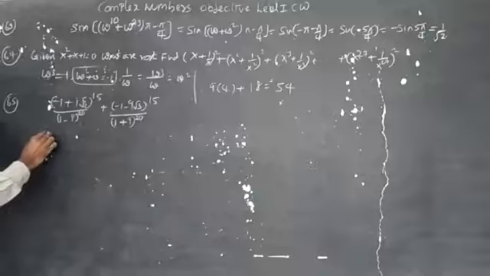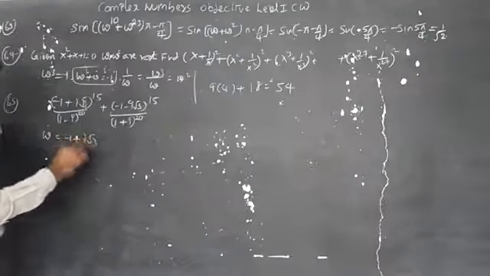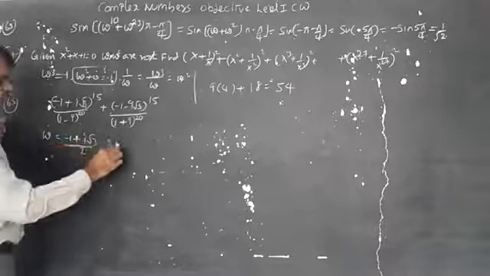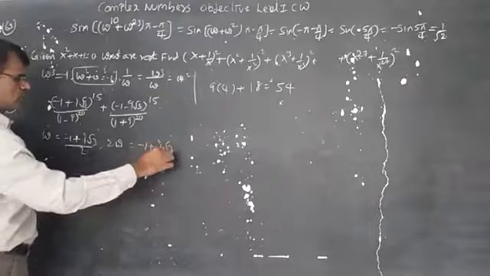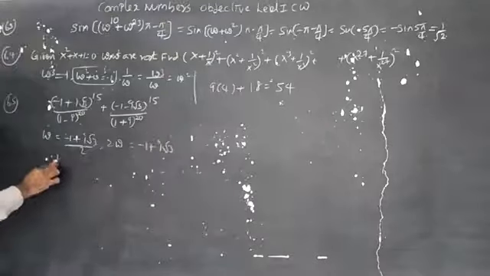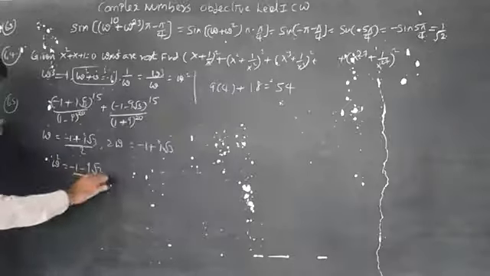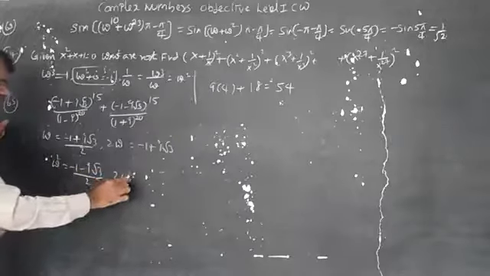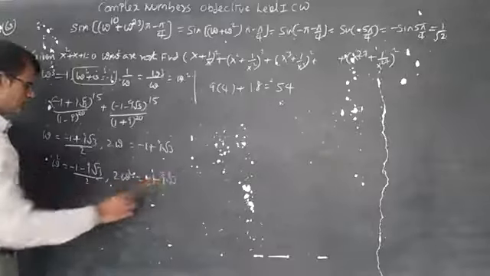Let us remember the value omega is equal to minus 1 plus i root 3 by 2. So 2 omega becomes minus 1 plus i root 3. Next, omega square is minus 1 minus i root 3 by 2. You need to remember these two values. So 2 omega square is minus 1 minus i root 3.